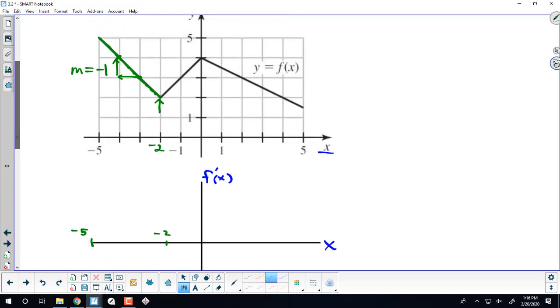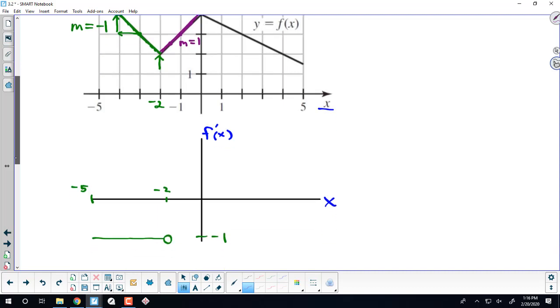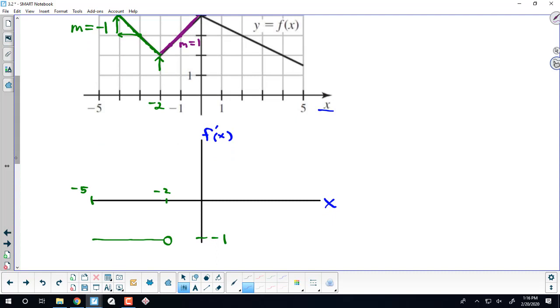So we have to indicate as soon as we get up to -2, things are changing drastically for that second piece. It's still linear, so no matter what point we're looking at, that's always a slope of what? Yeah, up 1 over 1, slope is 1. So +1 is the slope, the derivative, that's the output, always outputting +1.